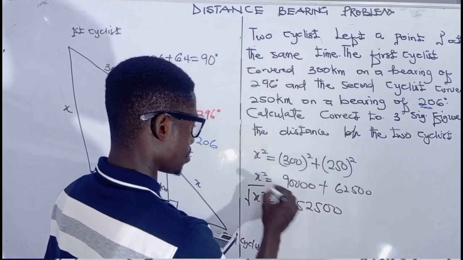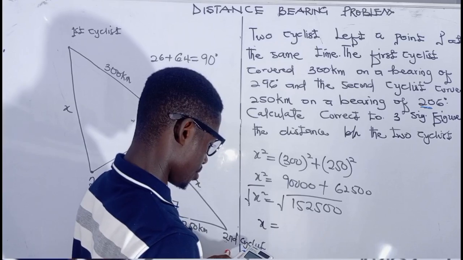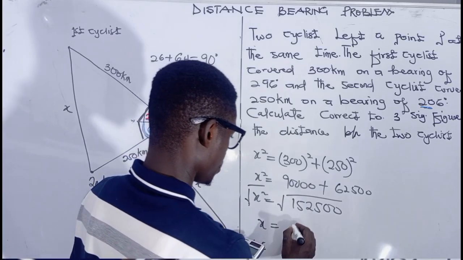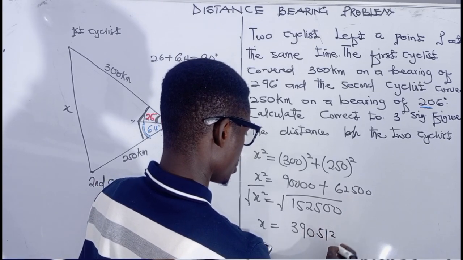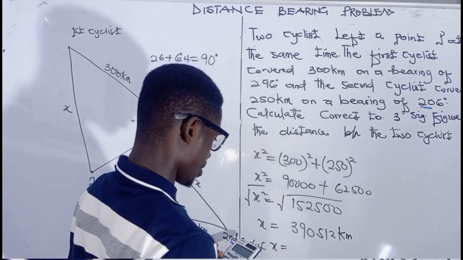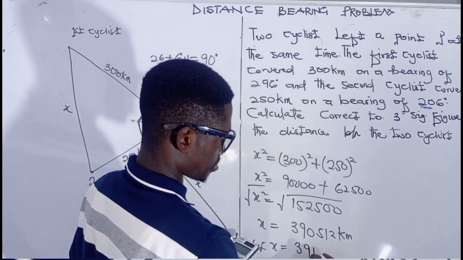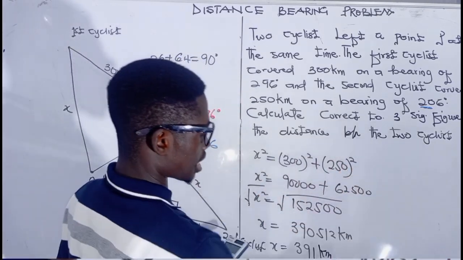Now let's take the square root on both sides of the equation. We have our x is equal to 390.512 kilometers. So we have to leave it in three significant figures. We are going to get 391 kilometers. Therefore, the distance between the two cyclists is 391 kilometers.